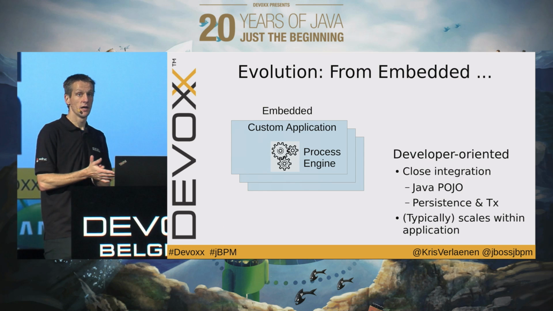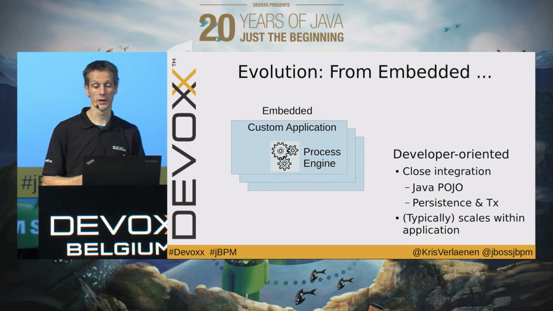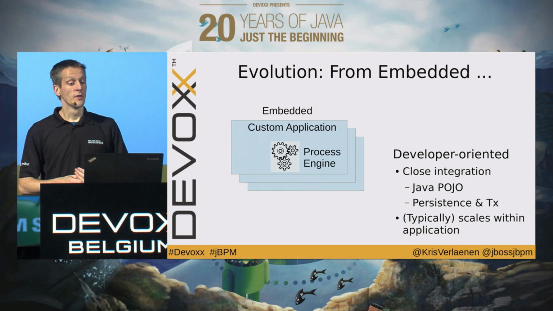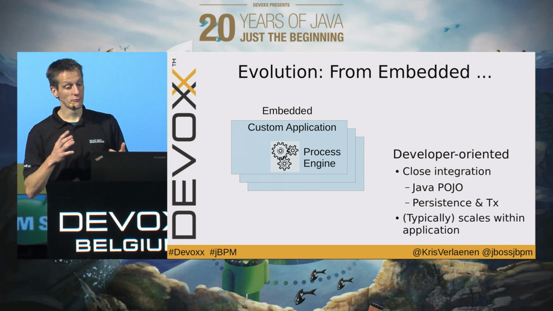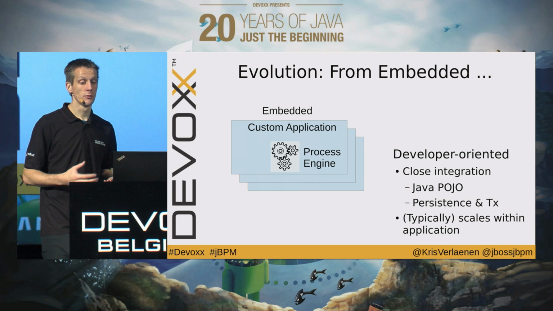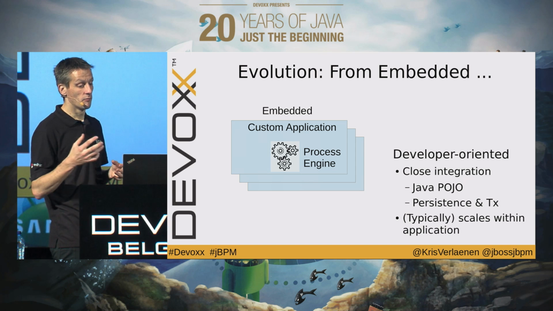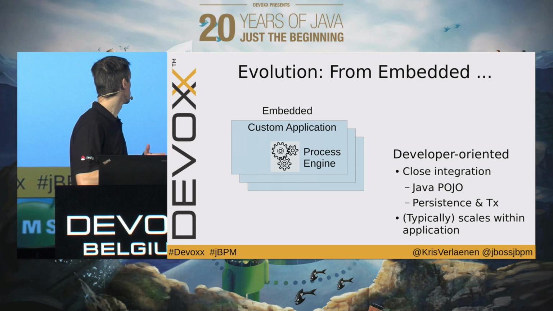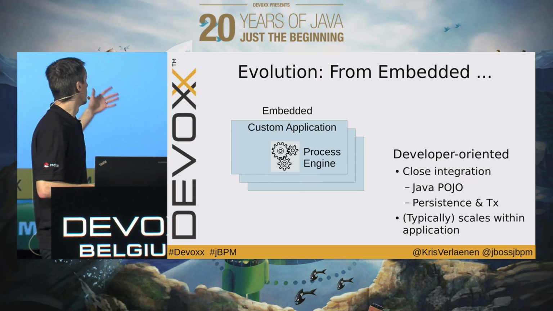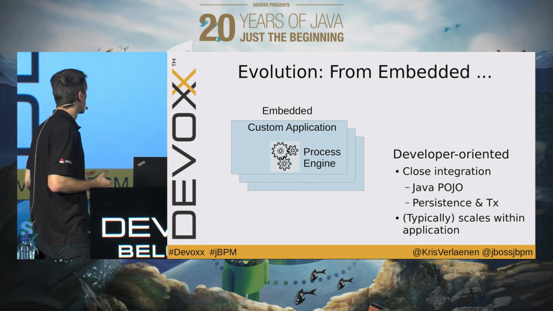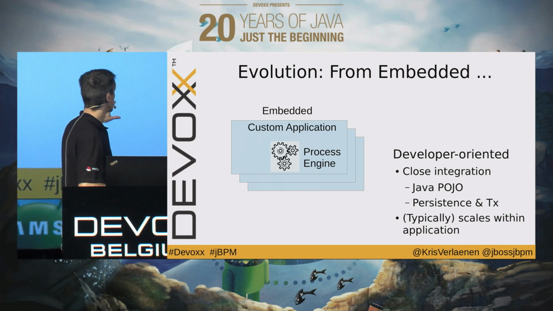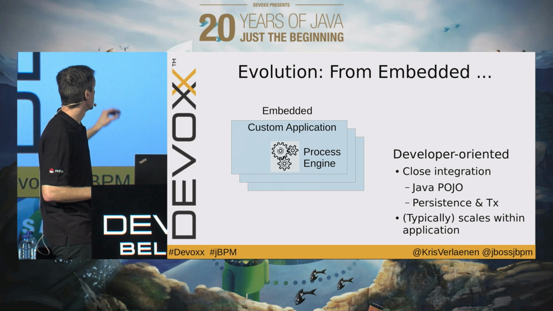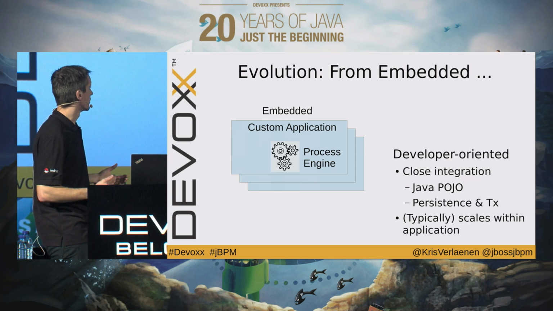The second is there's an evolution from what I call embedded execution towards more as a service. If you look at how people typically were using process engines, at least our process engine in the past, you develop an application, the engine itself is a Java POJO, you can integrate it inside your own application, it's just a few jars you include, and then you can deploy that application.